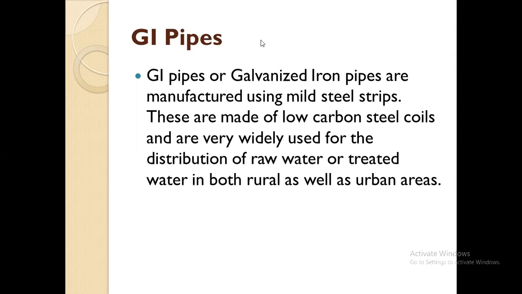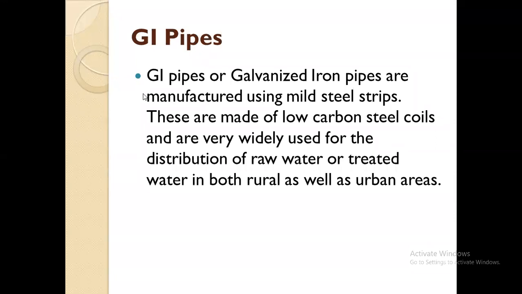Whatever GI pipes are there, you may find GI pipes used for the distribution of water. Okay, in schemes of water supply distribution, as well as for sewer lines also, you will find GI pipes.